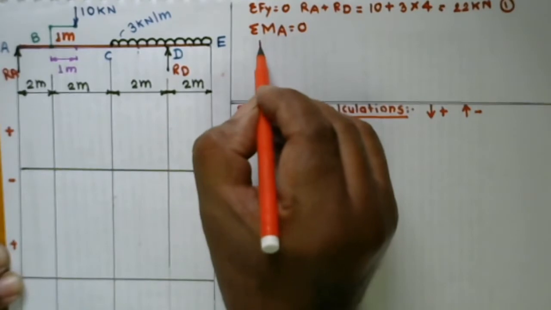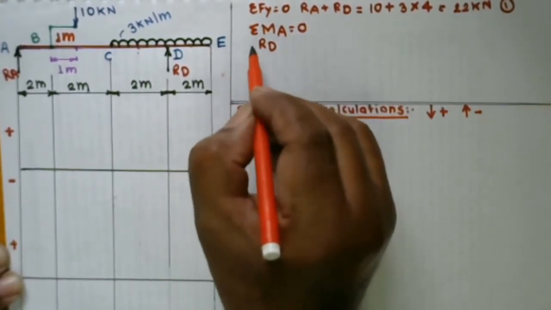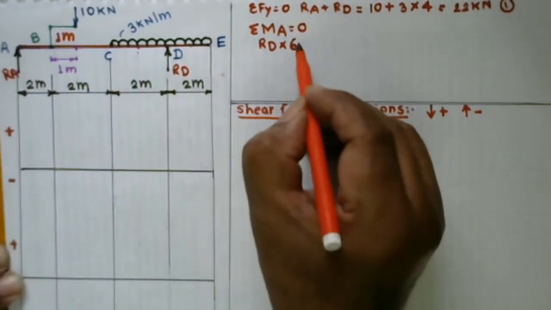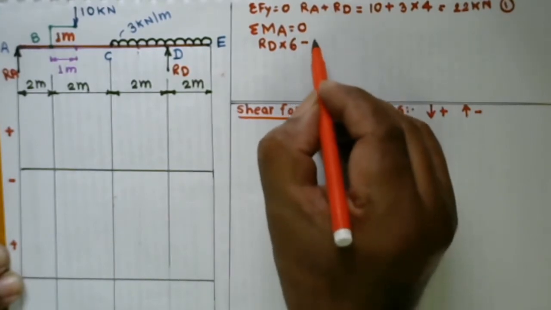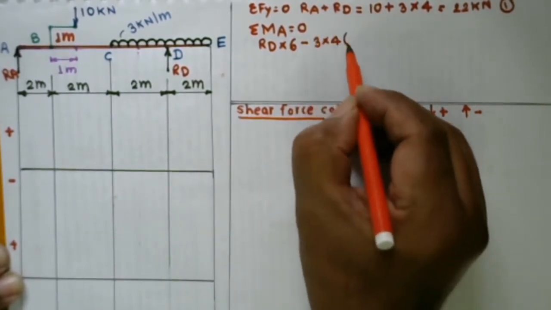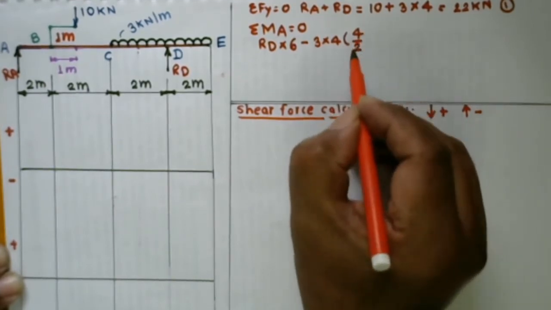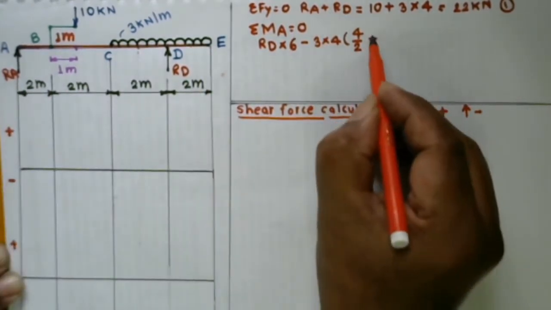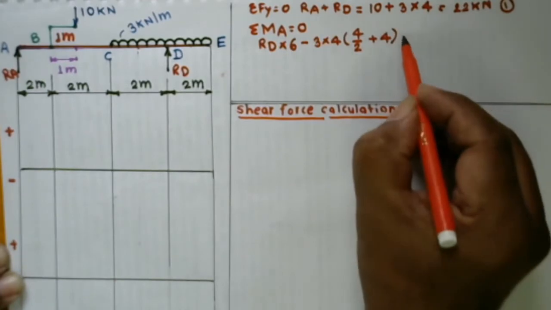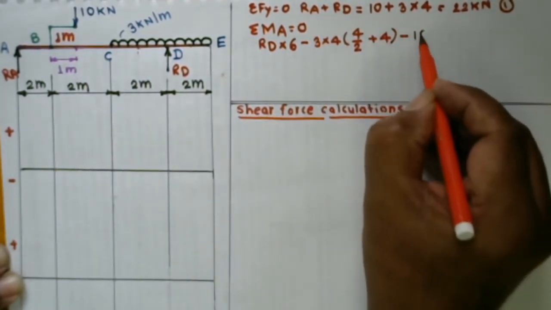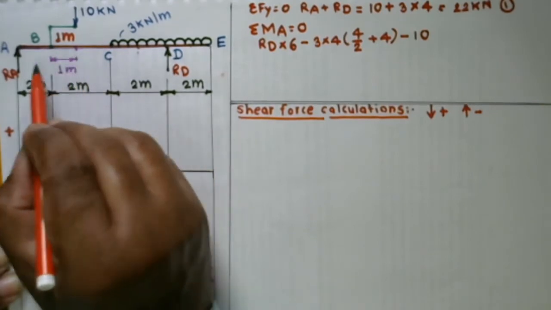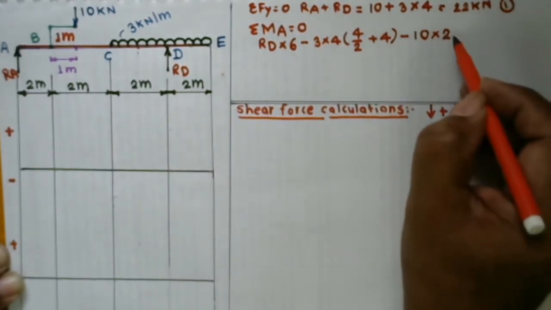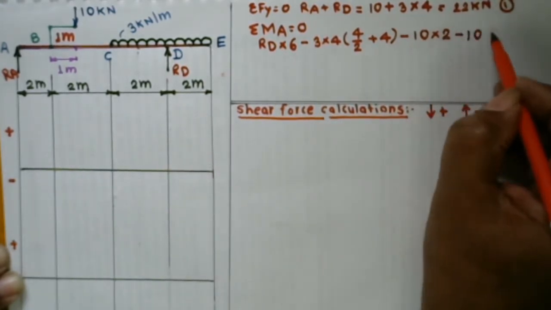RD is an anti-clockwise moment, so take it positive: RD into its distance 6 up to point A, minus the UDL 3 into 4, acting at the center of its span, that is 4 by 2, but we have to calculate the distance up to point A, so this 2 plus 2 becomes 4, so plus 4, minus the force 10 kilonewton acting at a distance 2 meters away from point A, into 2. Now minus 10 is equal to 0.